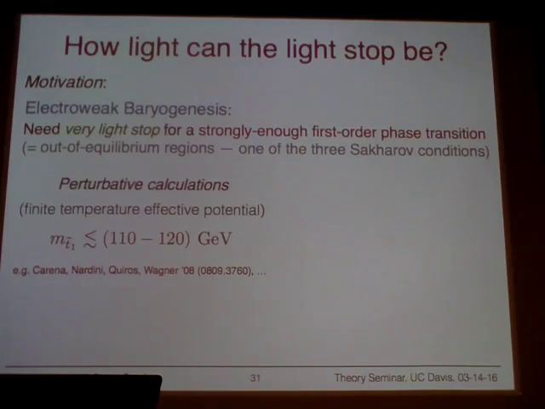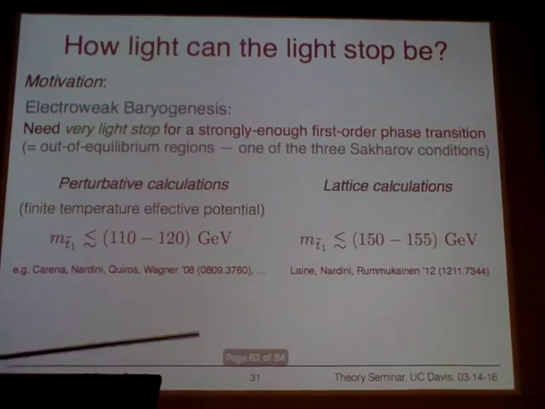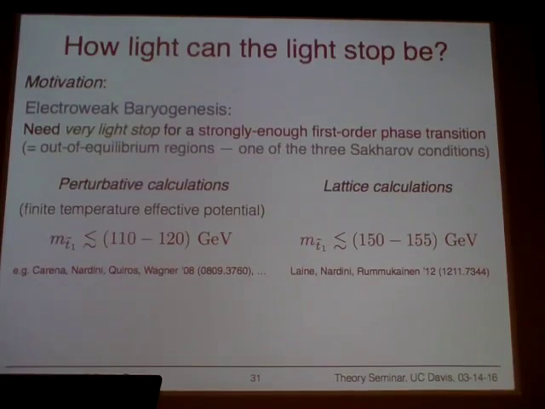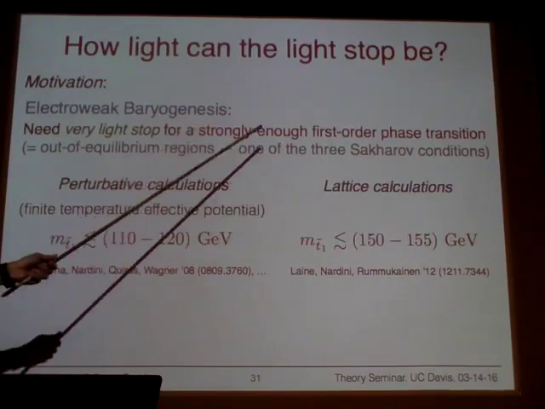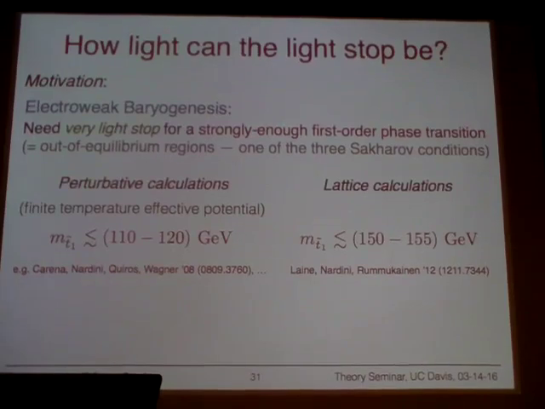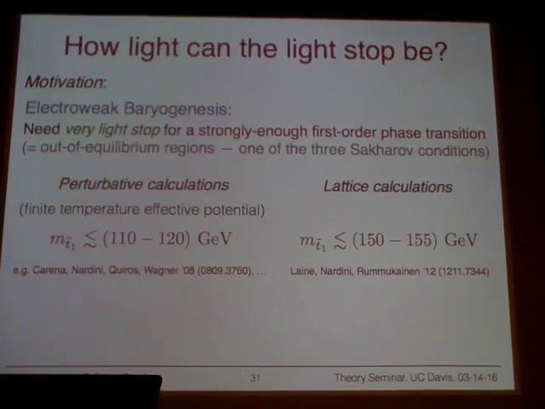But also it is known that in this finite temperature field theory you encounter infrared divergences, which really require non-perturbative calculation of the phase transition. And there's one group that performs a lattice study of this, and they actually demonstrated that you can even get a strongly enough first order phase transition if you have stop masses of that order.